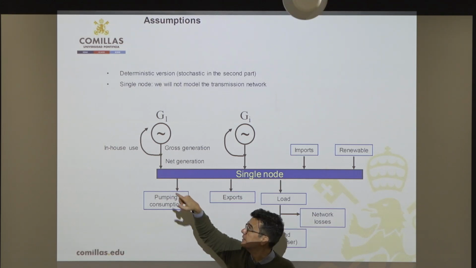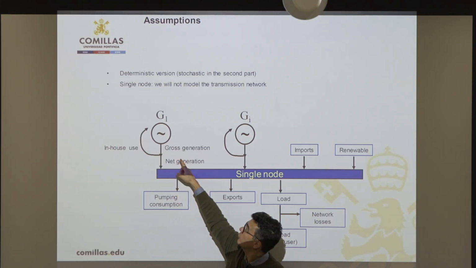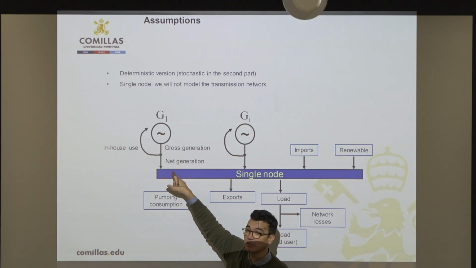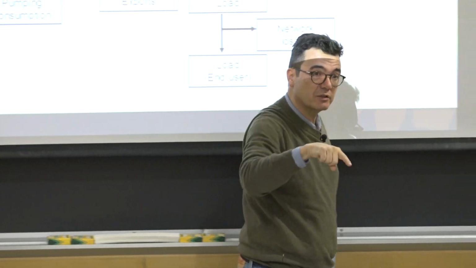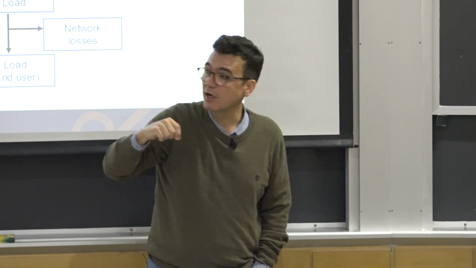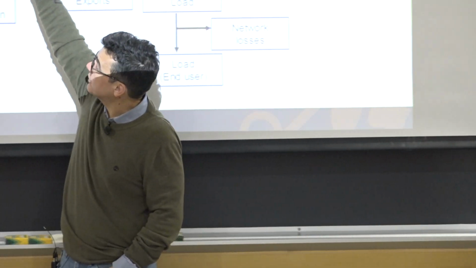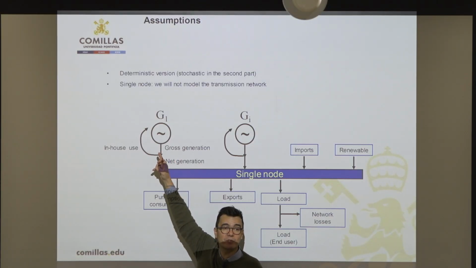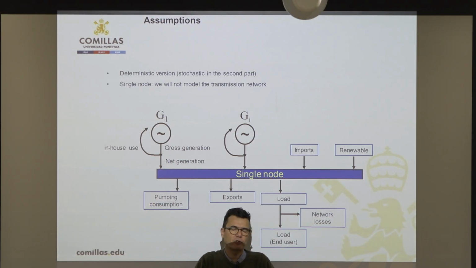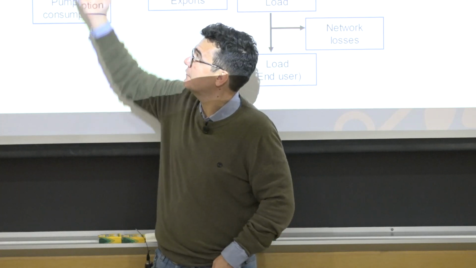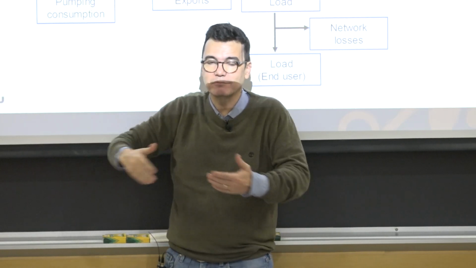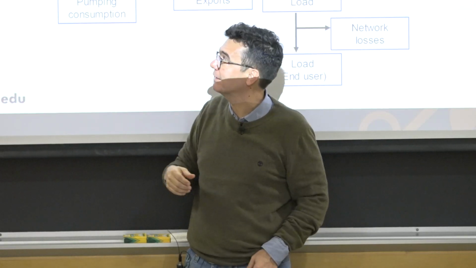Sometimes you can see in the textbooks that we distinguish between gross generation and net generation. Why? Because whenever you produce power with a power plant, part of its consumption goes back to the power plant to feed all the auxiliary services that it has, I mean, moving the belts, everything, okay?